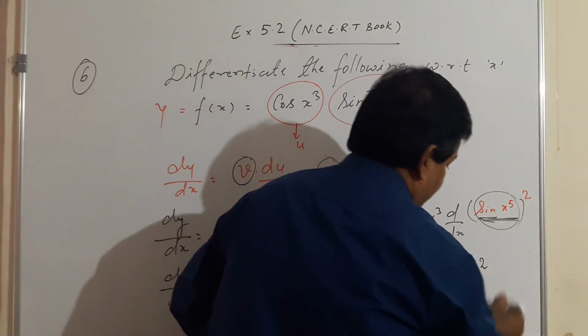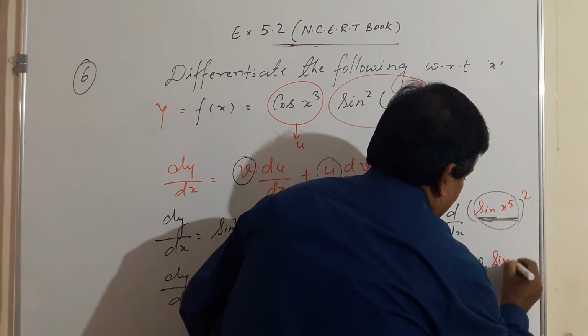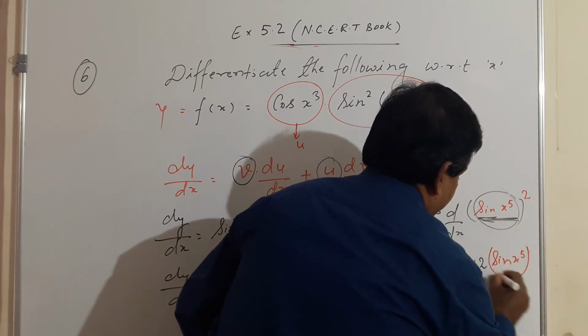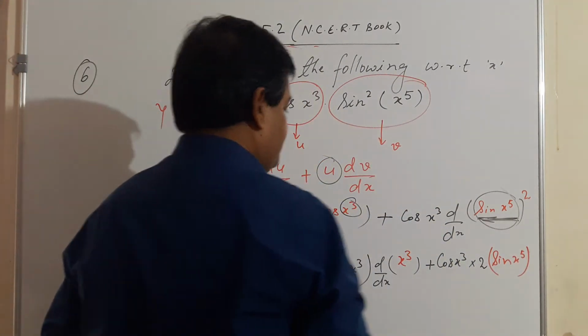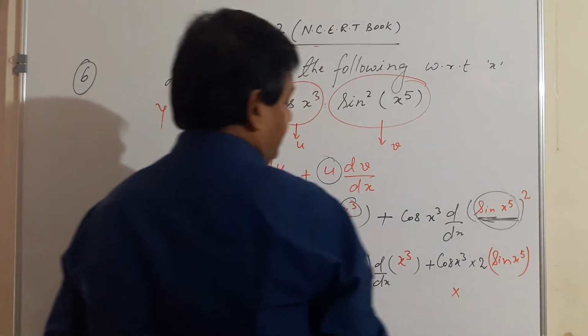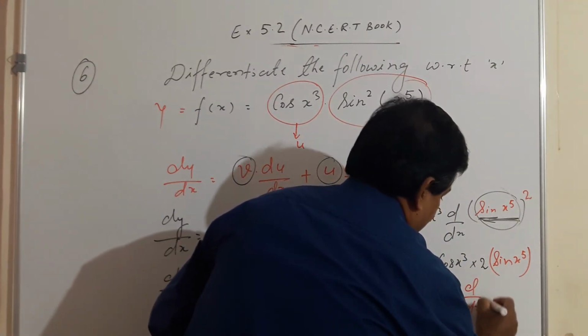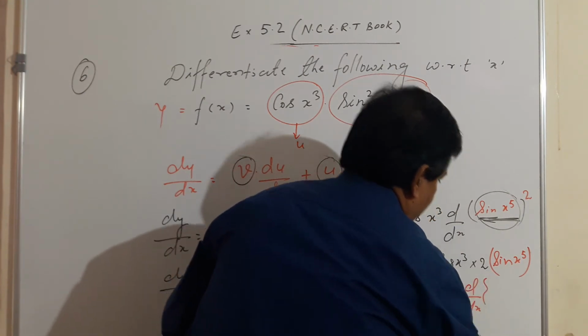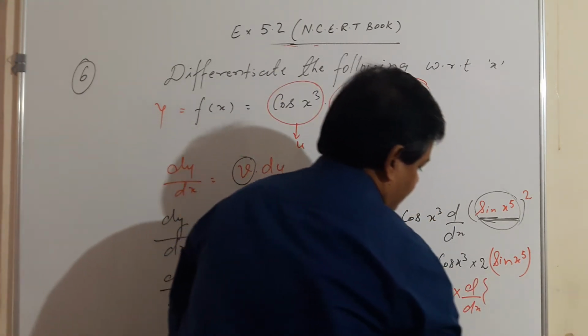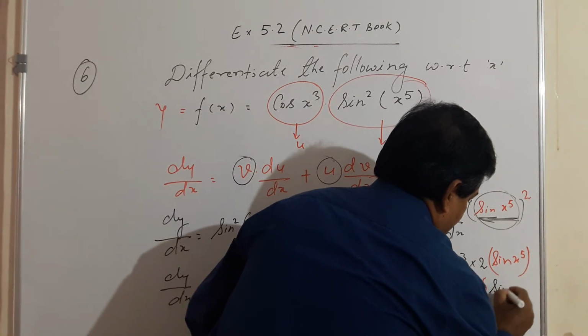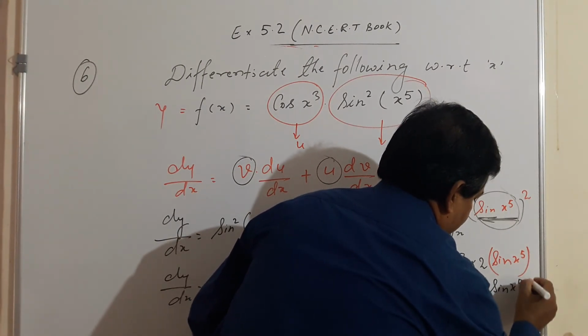Z is your sine x raised to the power 5 into differentiation of z.